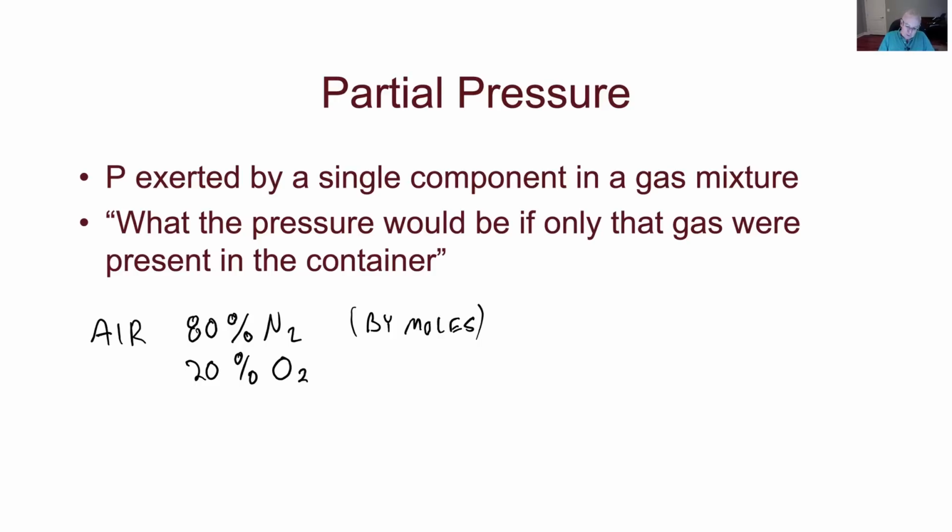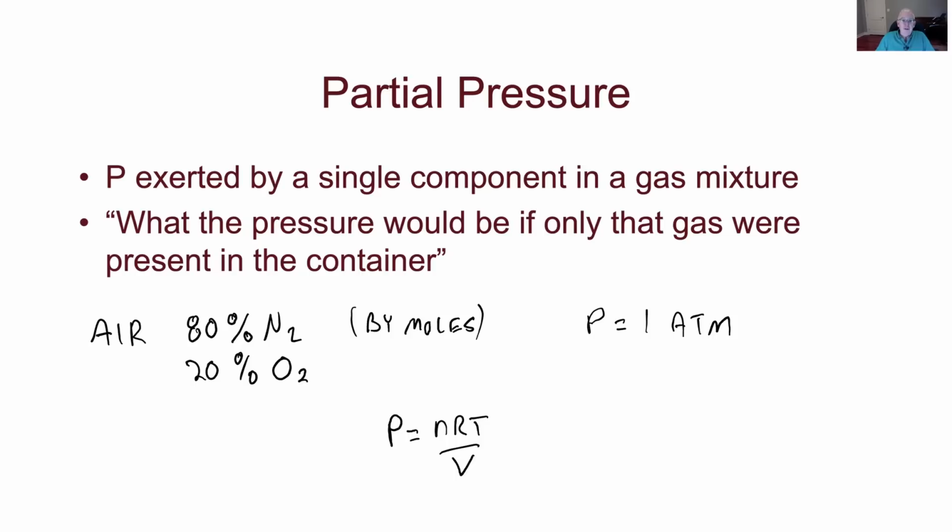Let's suppose the pressure is at 1 atmosphere. If the pressure is 1 atmosphere altogether, then suppose only the nitrogen were there. Well, the gas law says P is equal to nRT over V. If I took away all the oxygen, which would be bad from a breathing standpoint, I'd have 80% as many molecules.